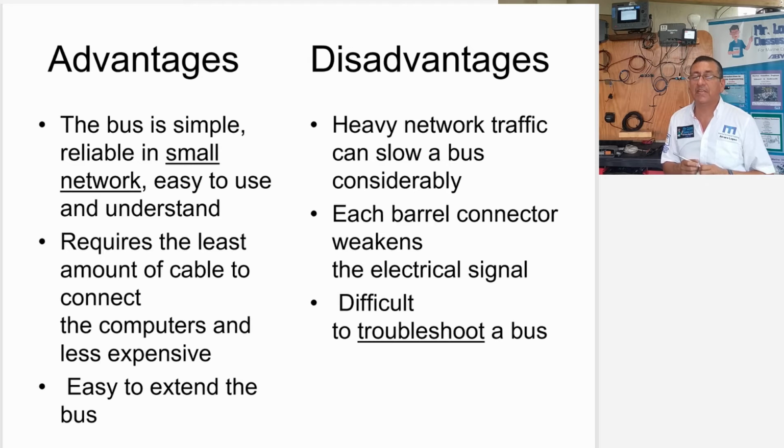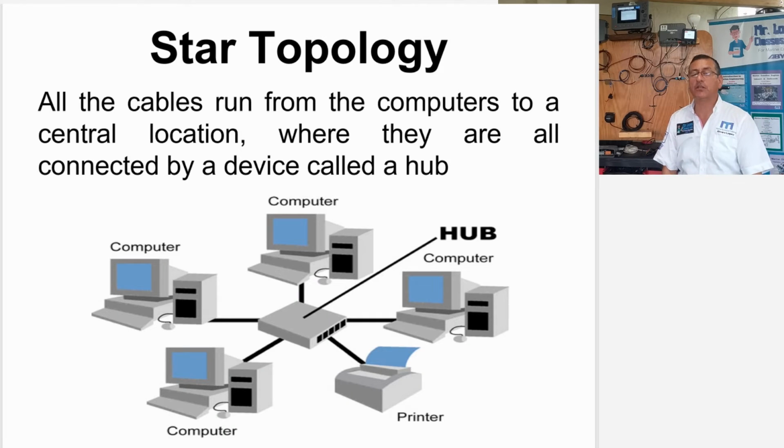Disadvantage: when the traffic is heavy, probably the system goes slow. Each barrel connector weakens energy and performance. It's difficult to troubleshoot in a bus topology. Yeah, those are some inconveniences. The star topology.